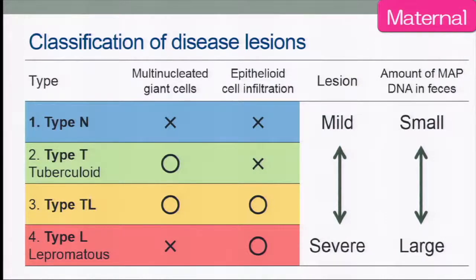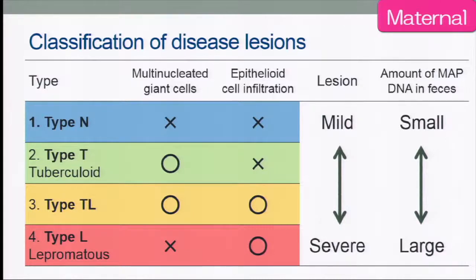N-type showed no specific PTB pathology, while T-type showed tuberculoid lesions such as multinucleated giant cells.